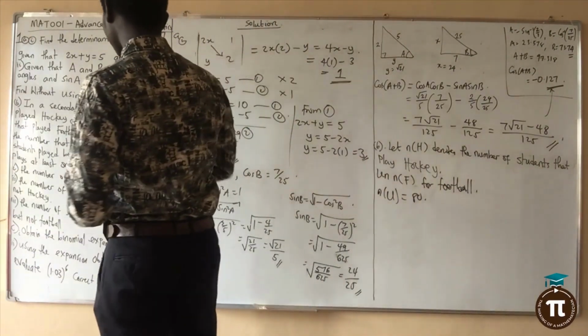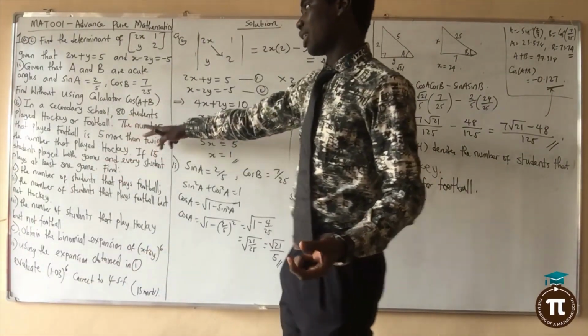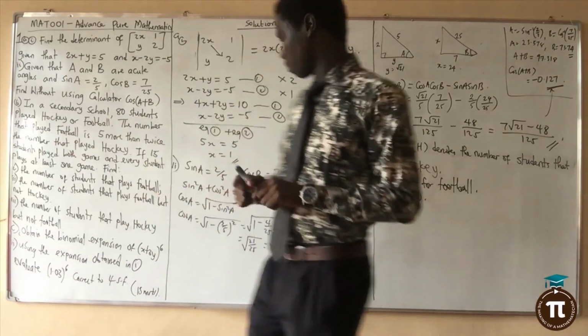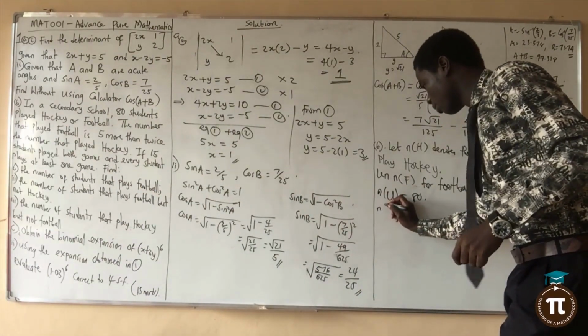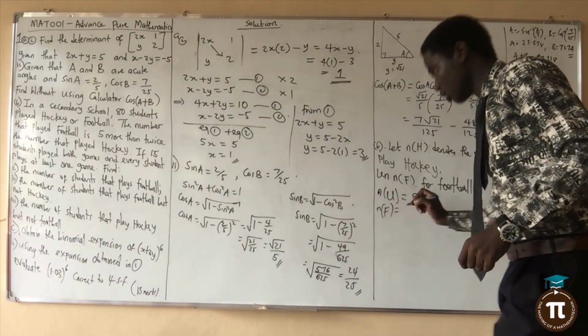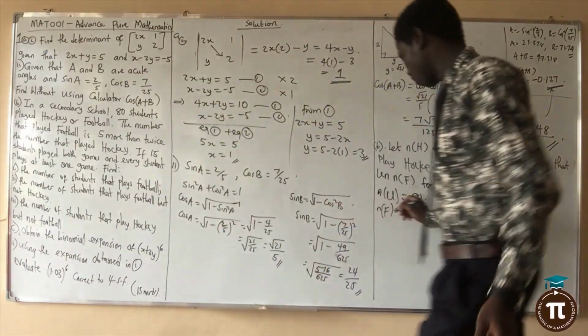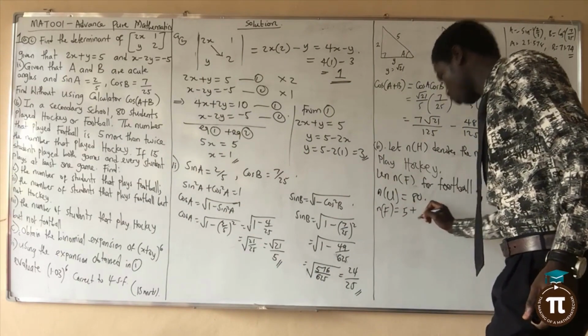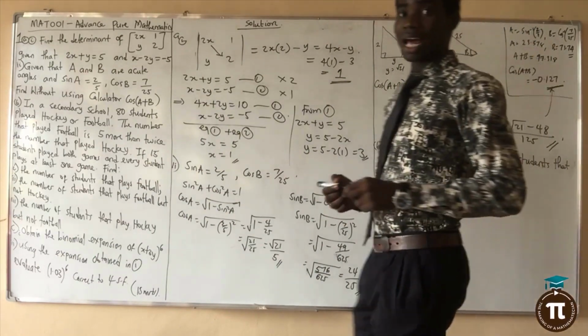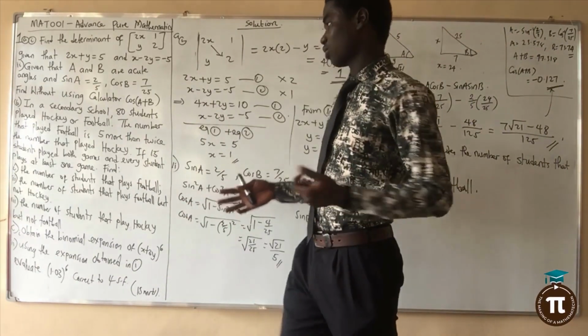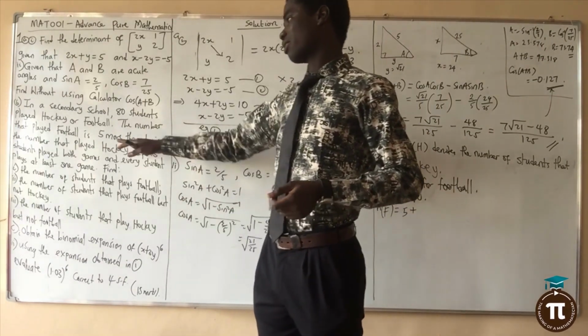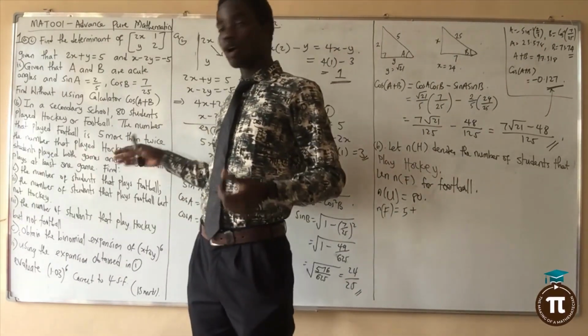Now, let's read the question again. The number that play football is equal to 5 more. What does 5 more mean? 5 more means an addition of an extra 5. 5 more than twice the number that play hockey.